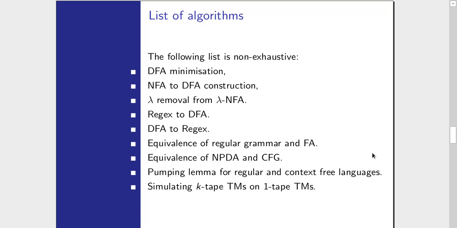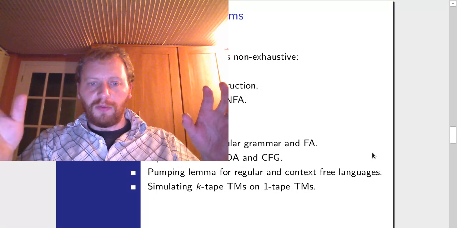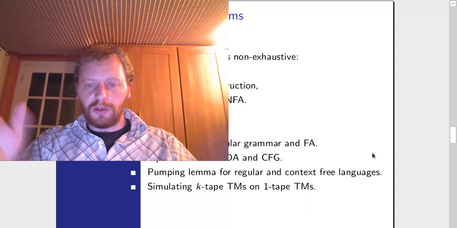We're going to have a look at lambda NFA, lambda removal, that kind of stuff. We're going to look at regular expressions, which are extremely well used in general computing, and how they are just deterministic finite automata. So we'll look at converting from regular expressions to deterministic finite automata, and converting back from deterministic finite automata to regular expressions.